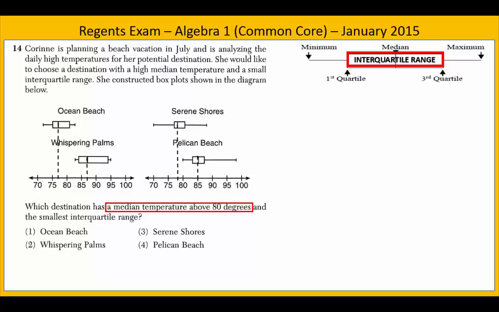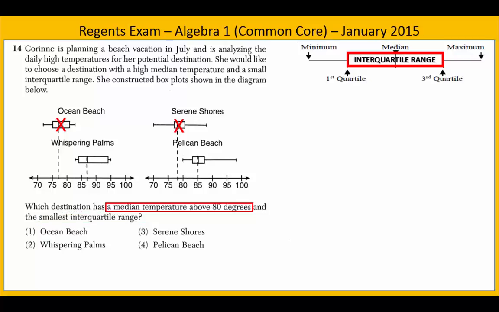Ocean Beach has a median temperature that is under 80 degrees, so that's not an option. Whispering Palms has a median temperature above 85, so that looks like a fair choice. Serene Shores has a median temperature that's less than 80 degrees, so that's not a choice. And Pelican Beach has a median temperature right about 85, so that's one of her options.